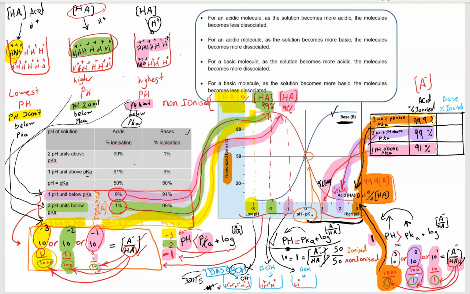So at the end, this base gives 5 OH, so it means that 5 of its molecules dissociate. But if you put this base into a container or a solution that has less acidity, it means that we have fewer hydrogen ions.